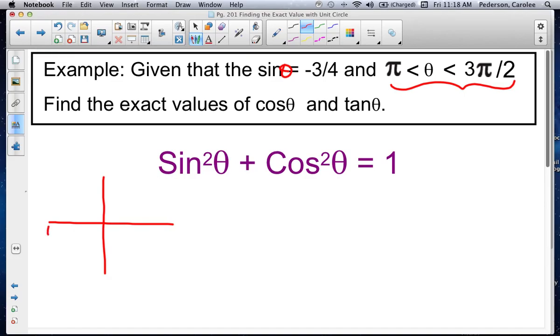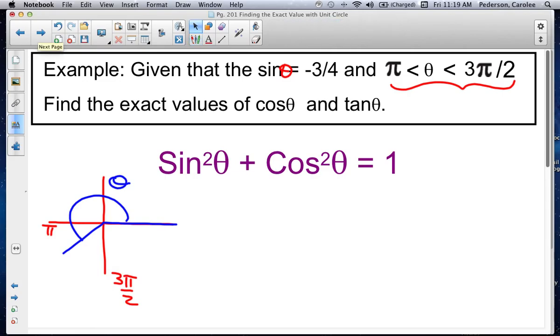So here is pi, here's 3 pi over 2, our angle is going to fall in the third quadrant. So there is our theta. If we construct a right triangle, this would be my x, my y, and my r.